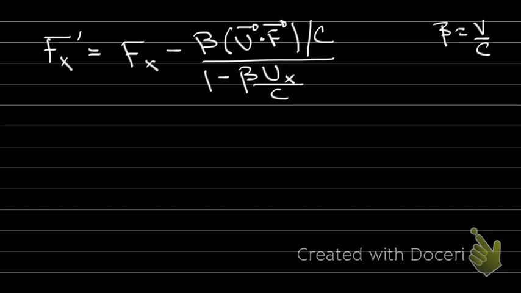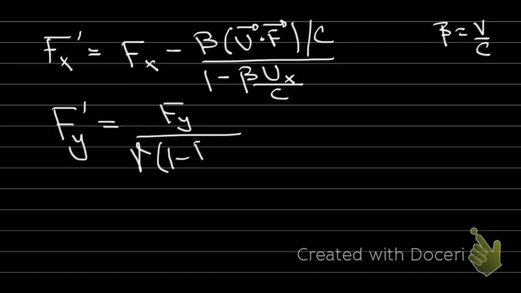And let me again mention that I'm assuming that the charges are moving in the x direction, right? And so for that, my fy transformation would be equal to fy over gamma times 1 minus beta ux over c, right?